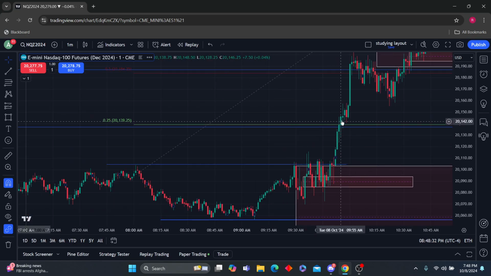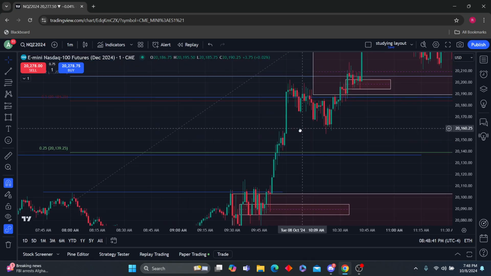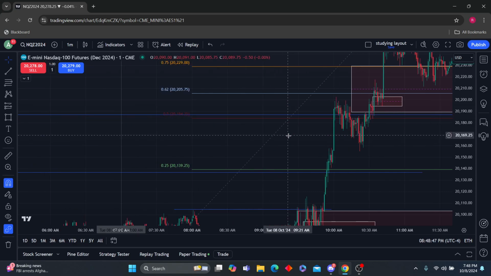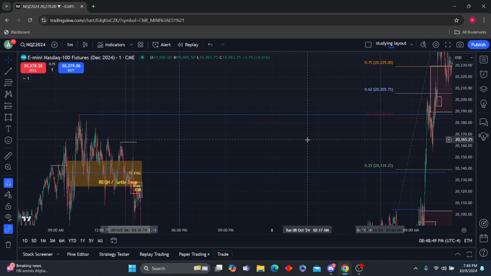A move like this lets you know price is going to be going higher. Comes down, shoots back up, leaves this fair value gap. Boom. Takes my target. Takes this high right here.